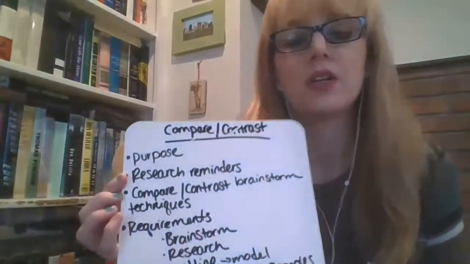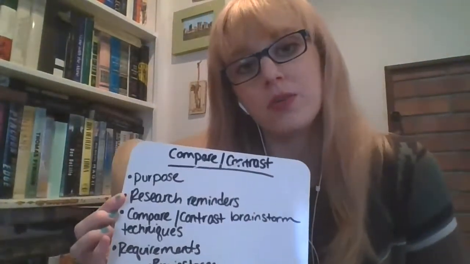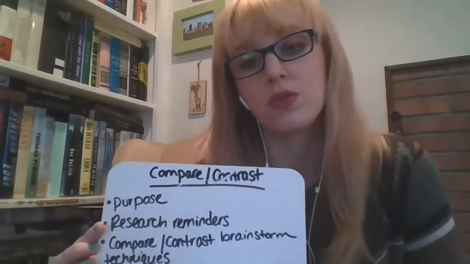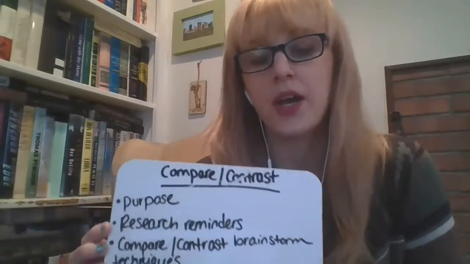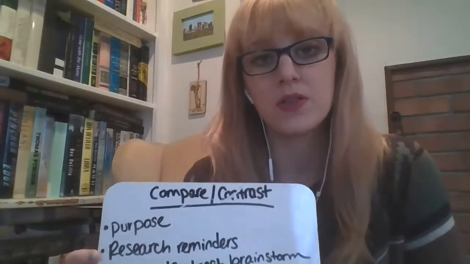Some research reminders, we've talked about how you need to develop keywords, especially if you're going to use Google as your search engine. I recommend using the campus databases, but if you cannot access them where you are, then obviously you're going to have to use a search engine. So make sure you're using keywords and you're looking at publication dates, credibility of authors. All those things are important, and those are things I went over in the last lecture.